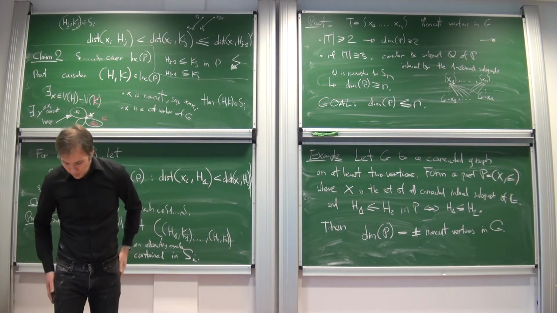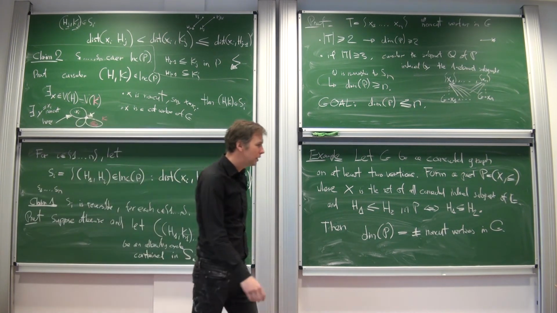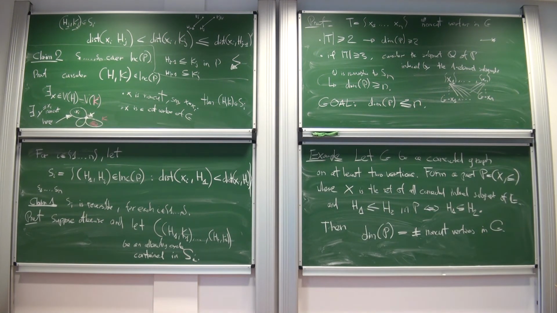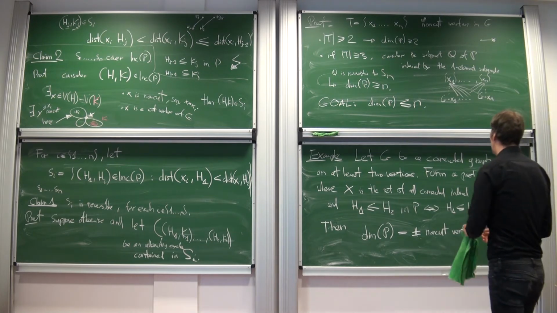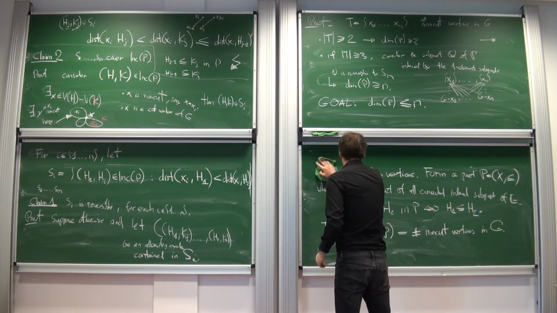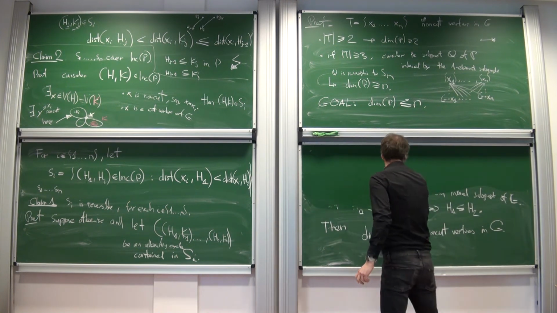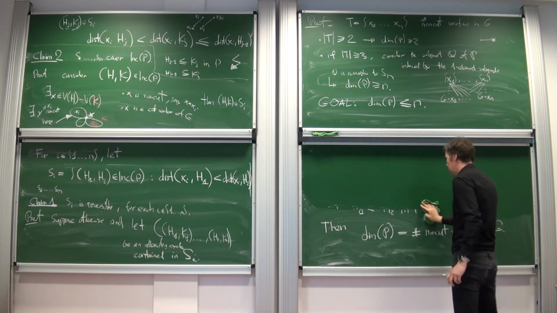Okay, so that closes our example, and now I want you to go with me to this concrete parallel between poset dimension and chromatic number of graphs.